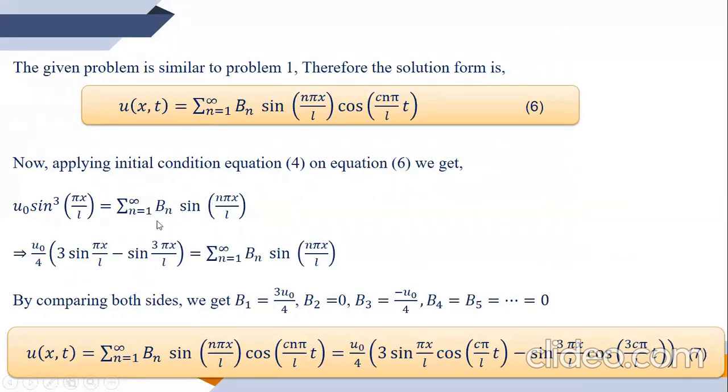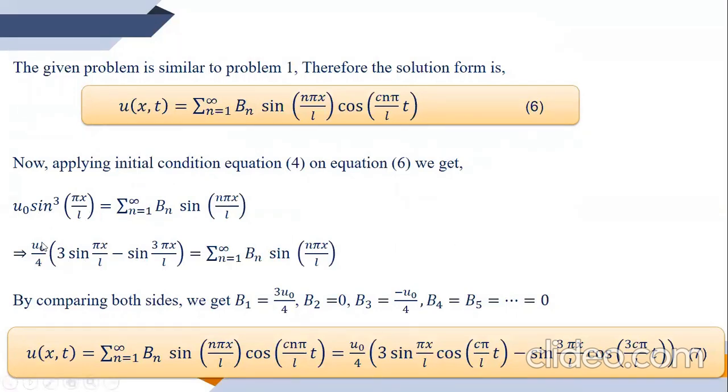So actually we find the value of bn using the formula 2 by L into integration 0 to L f(x) into sin(n pi x by L) dx. But here the left hand side, that means the initial displacement, is in the form of sine cube, and we know the formula for sin cube in terms of sin x and sin 3x. So directly we compare and then we define the solution.